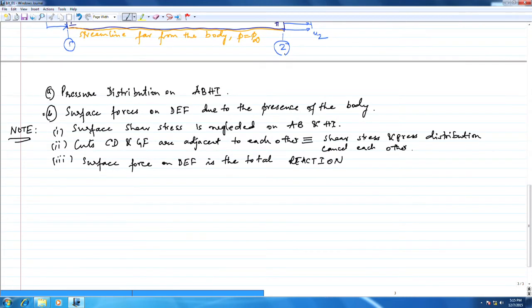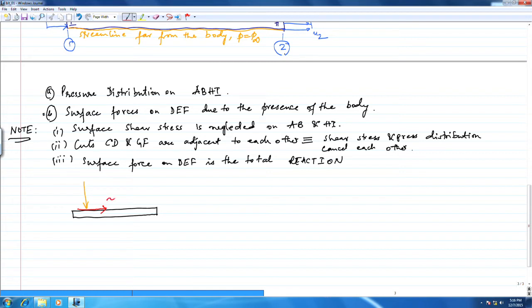For example, what I mean is that I have this surface. This is my surface, this is my flat plate. Now, on this, I am just drawing at one point just to get this clear, and something like this.